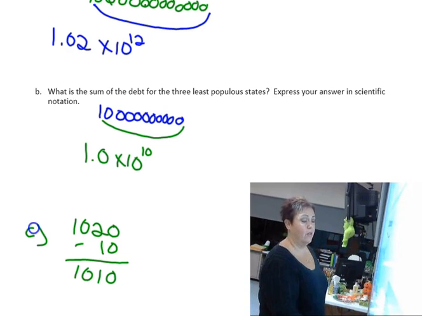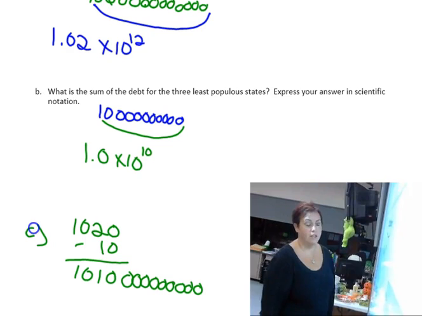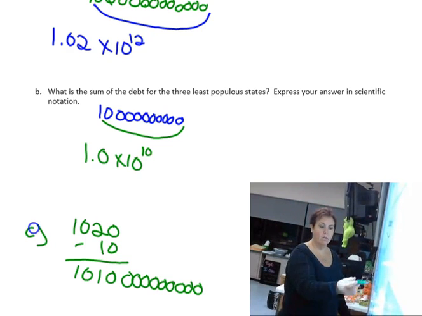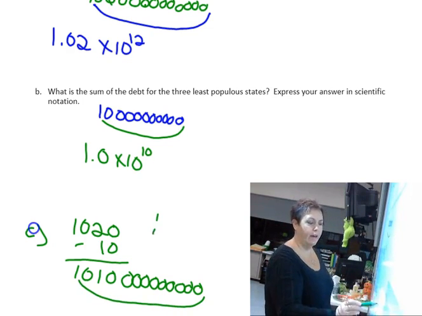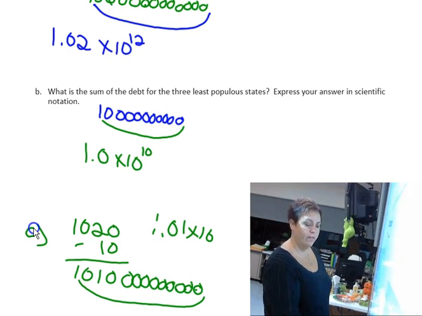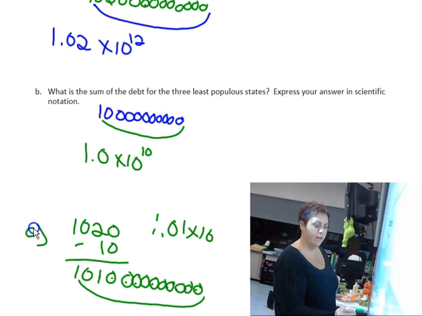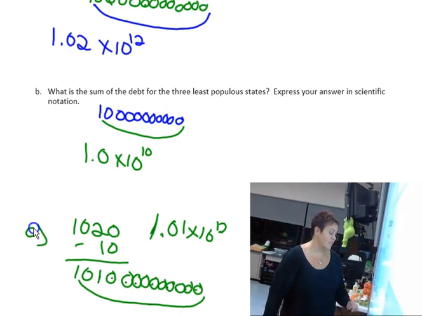Remember, we still had all those zeros, so I just subtracted the numbers out front before I had put them in scientific notation with all those extra zeros. So now when I move this over here, we're going to have 1.01 times 10 to the 1, 2, 3, 4, 5, 6, 7, 8, 9, 10, 11 to the 12th power. So that was letter C.